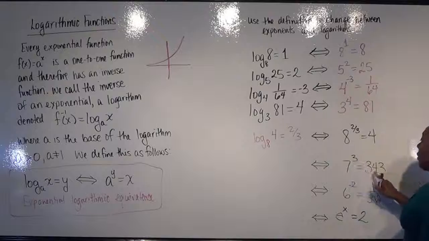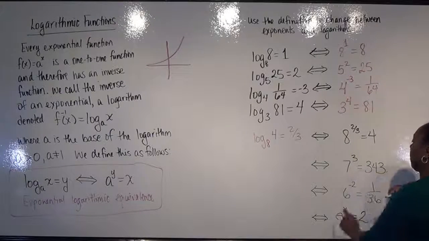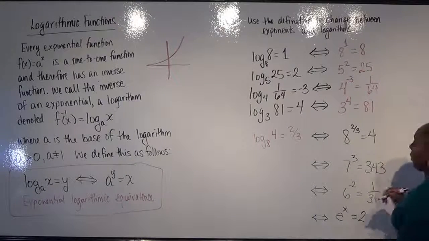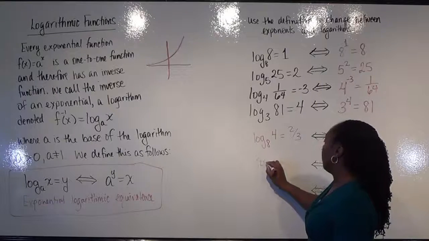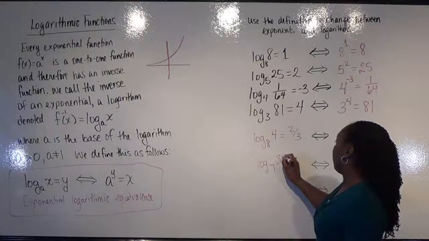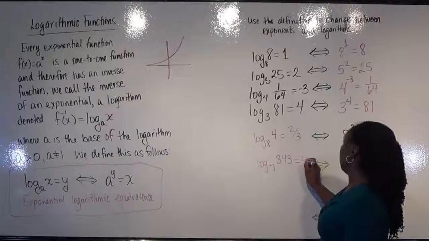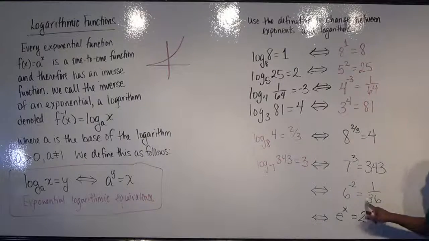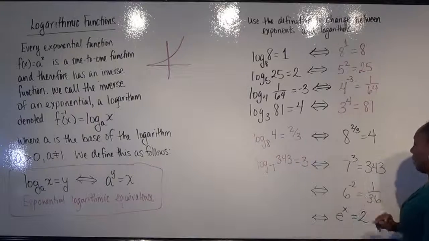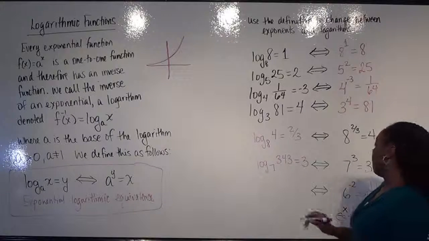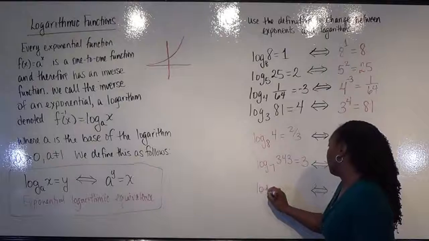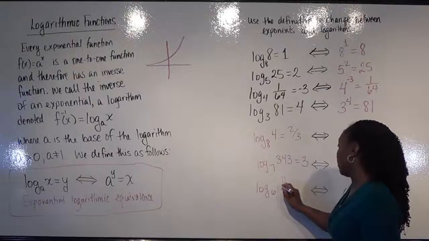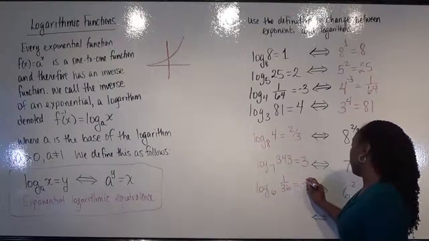In the case of 7 cubed equaling 343, again, base to the answer equals the argument. So log base 7 of 343 is going to equal 3. For the next one, 6 to the negative 2 equaling 1/36. So log base 6 of 1 over 36 is going to equal negative 2.